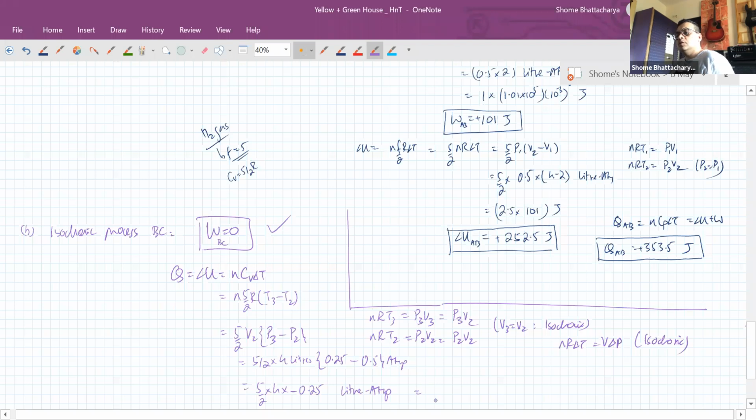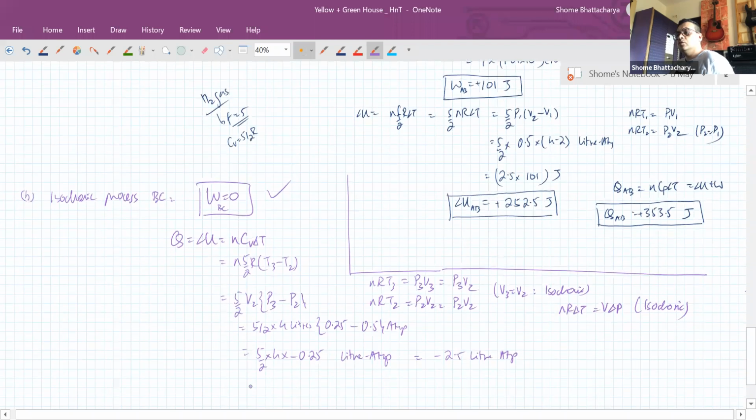So that will become minus of this and this cancel, so 2.5 liter atmosphere. So that's basically minus of 252.5 joules. That is the value of QBC as well as delta U for the process BC.